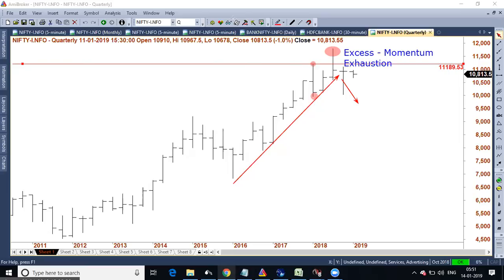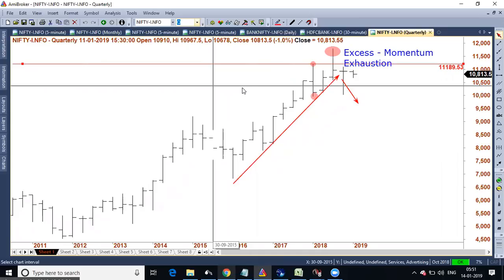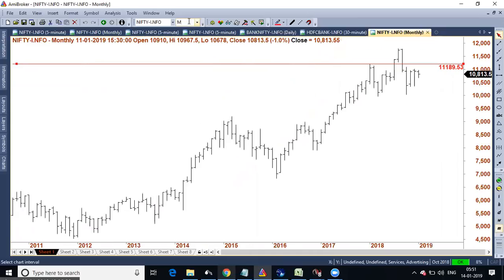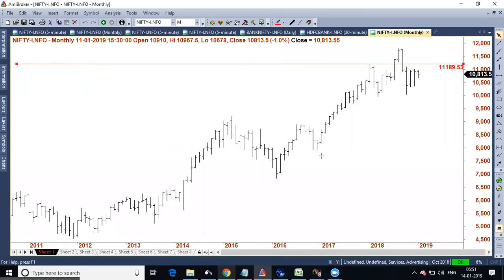You can see the same level of frustration on the monthly time frame chart as well. Let me go back to the monthly time frame chart to get a perspective on what it is doing. Again, you can see the monthly time frame is clearly trending from 2017 onwards, and post 2017 there is again a total round of frustration.